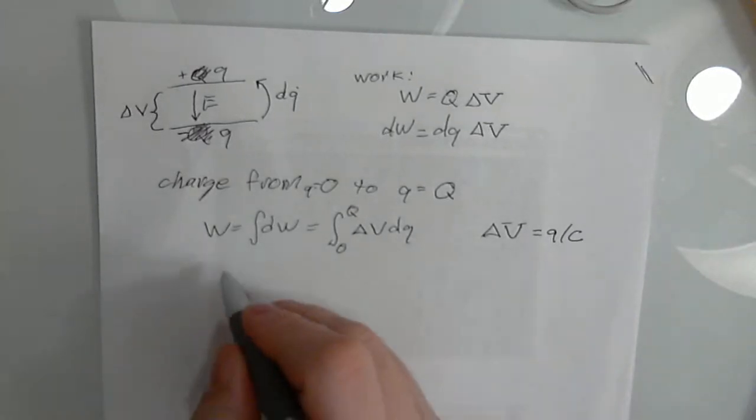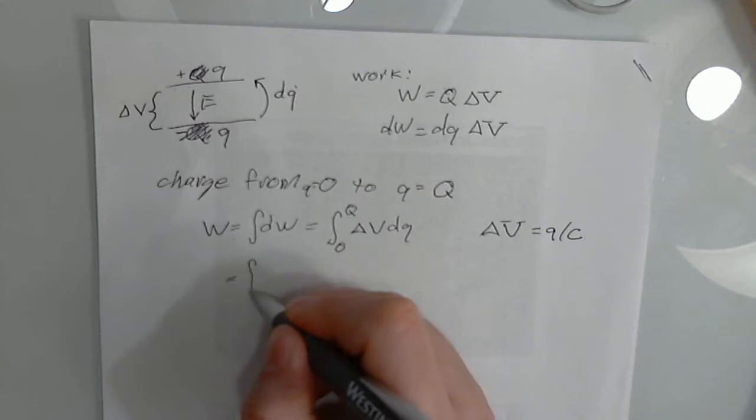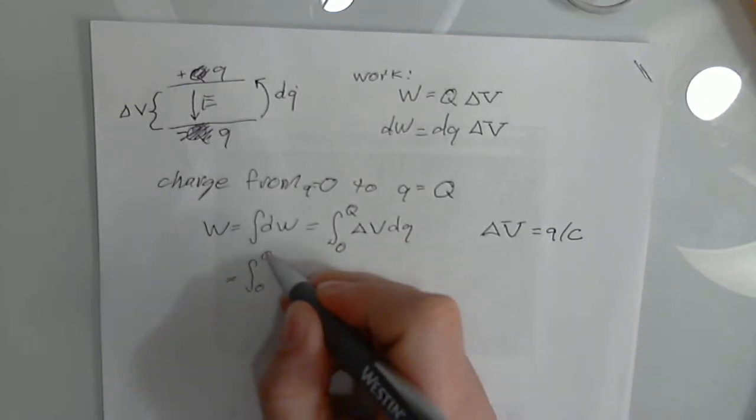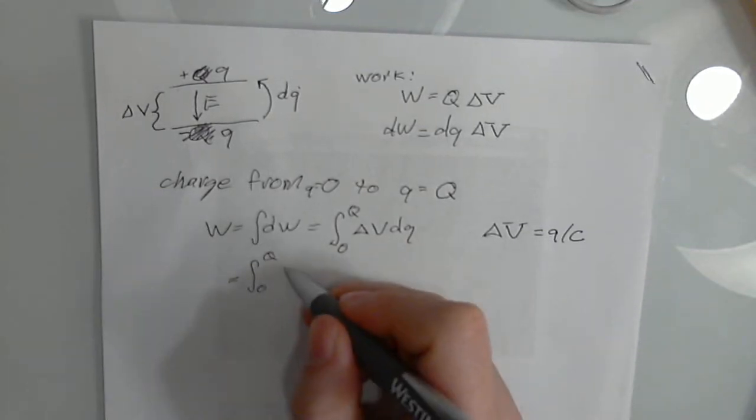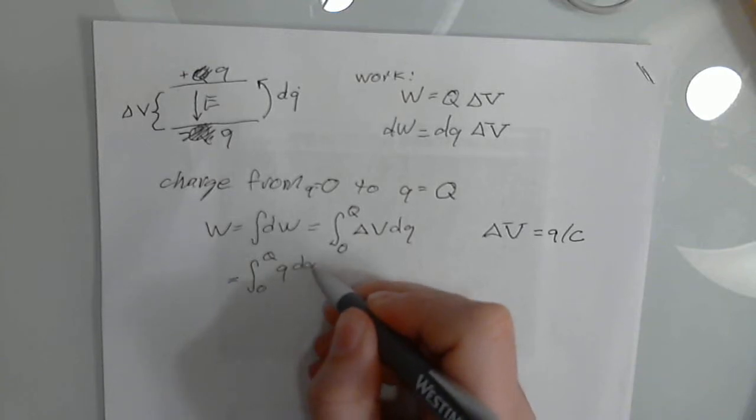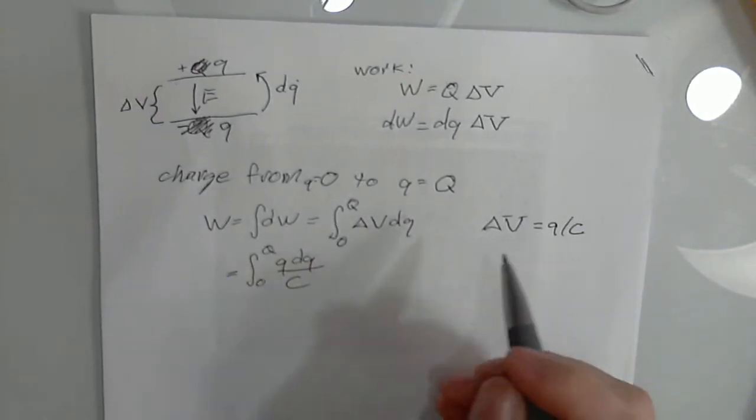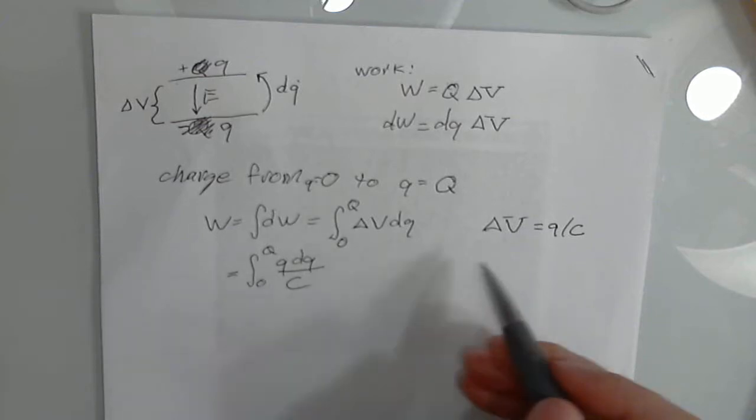So let's plug that in there and end up with the integral from 0 to big Q of q dq over C. And now we're going to carry out that integral.